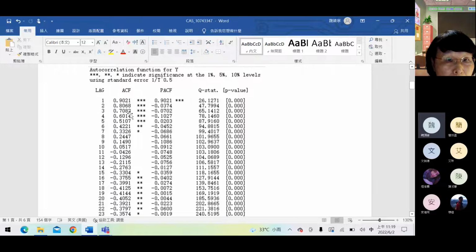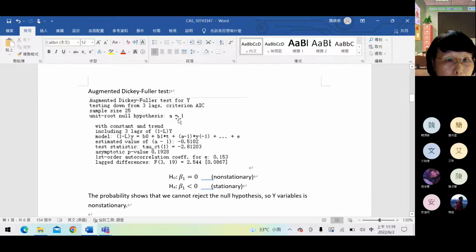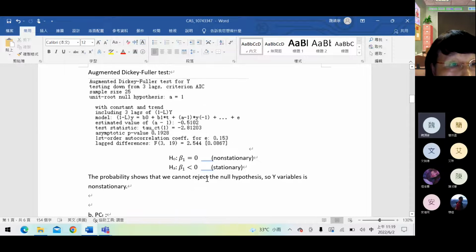I think it is close to 1, so it is non-stationary. The third method is the augmented Dickey-Fuller test. We can see the p-value is 0.192x, and this is my hypothesis. The probability shows that we cannot reject the null hypothesis, so the y variable is non-stationary.